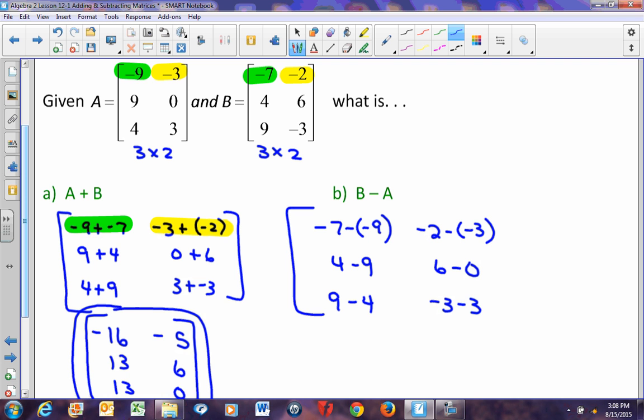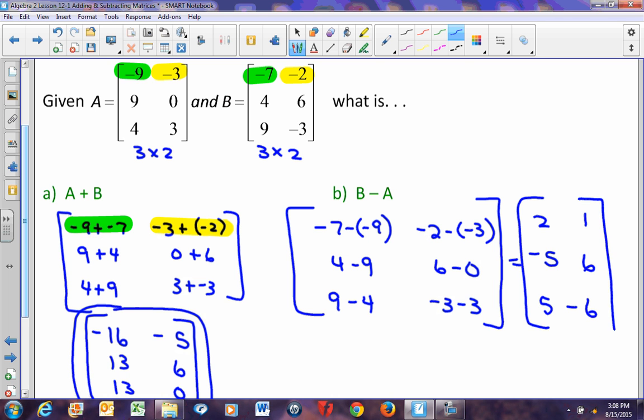So there's my middle matrix. Now when I add and subtract those properly, -7 minus -9 means -7 plus 9, which is going to be 2. So this would be 2 and 1. And this would be -5 and 6. And my last row will be 5 and -6. And that is my matrix when I am finished subtracting it. Just subtract the corresponding elements. Always good to keep track of what you're doing.